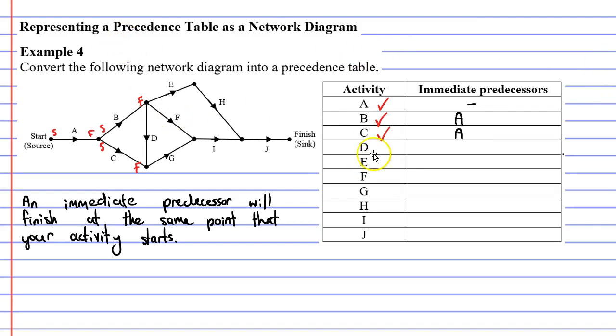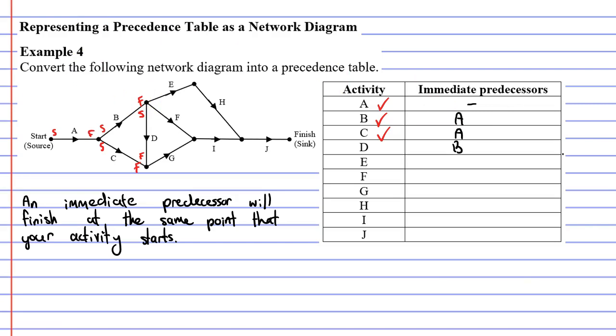Let's now look at activity D. Where does it start and finish? We can see that it starts at this vertex and finishes down here at this vertex. So we're going to focus on the vertex where activity D starts, and we're looking for any other activities that finish at this point. We can see that activity B finishes at this point, so we'll write this down to start with.